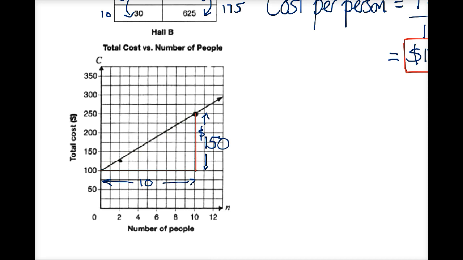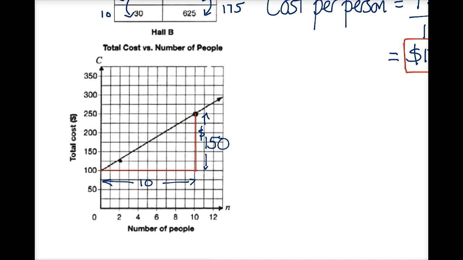So we get $150 for the people, plus we've got this starting point here of $100 down here. That's our initial value. So if I want to find the cost per person, it's obvious what the initial value is, $100.